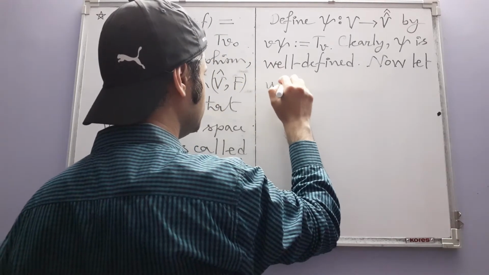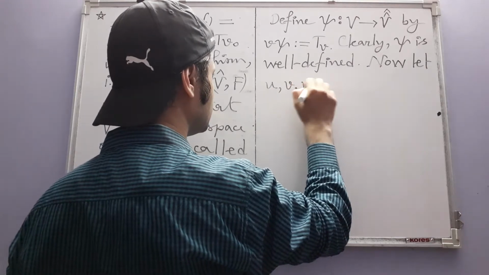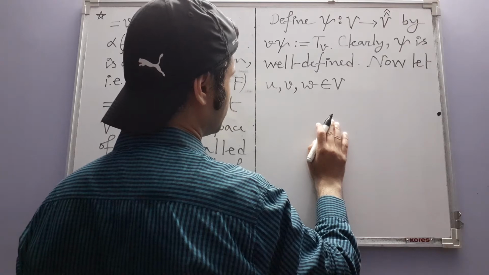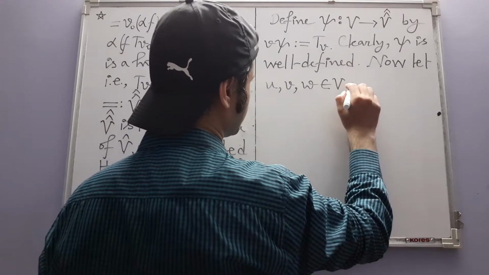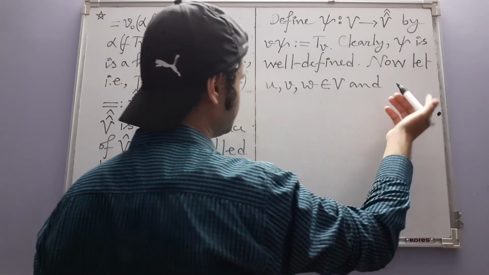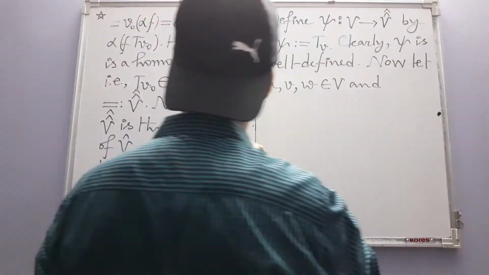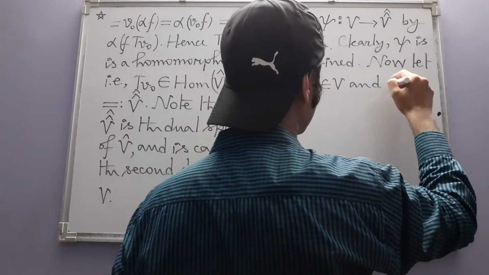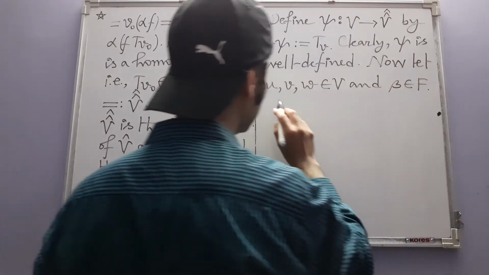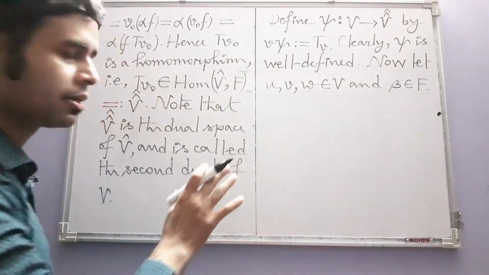We need U, V and W from the original space, and a scalar which, if you want, you can take alpha, but because we have already chosen alpha here, let's just consider beta. The reason for choosing three vectors will become clear now.